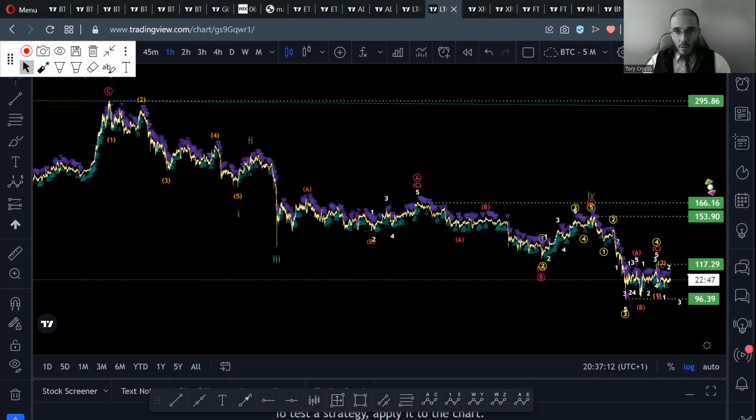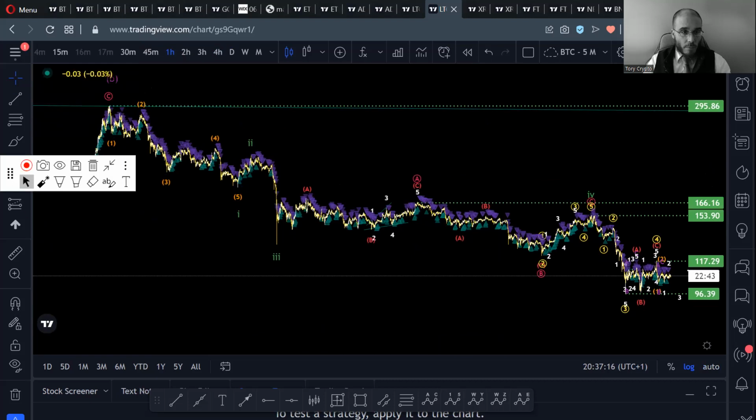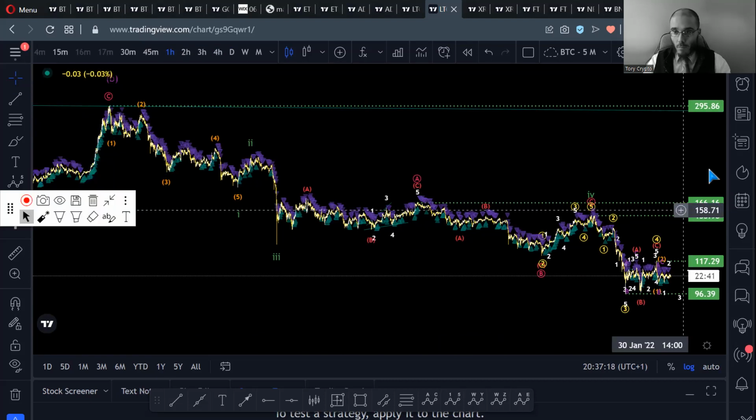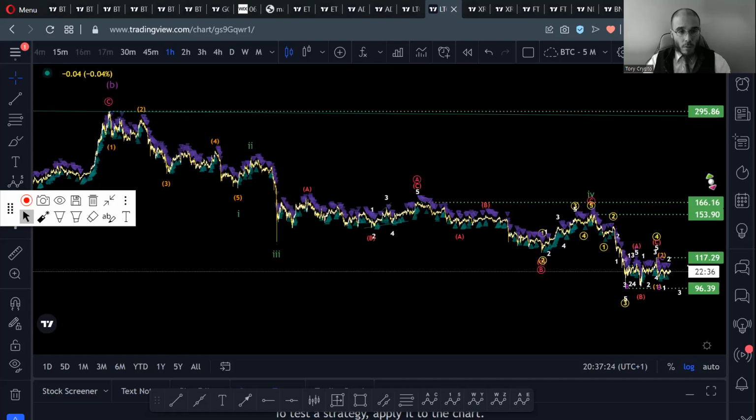Let me just adjust the zoom so that you see what I'm talking about. Okay, so up here, you had the B wave of the correction. And now we're in the process of accomplishing its C wave. C wave should be somewhere down here.